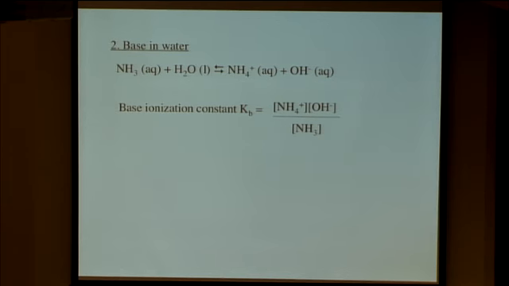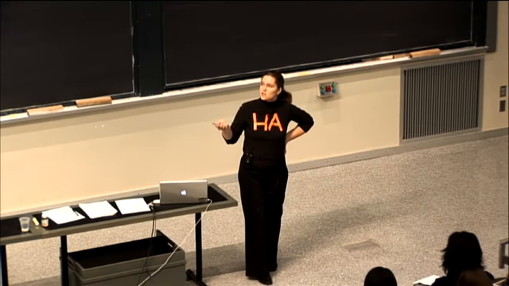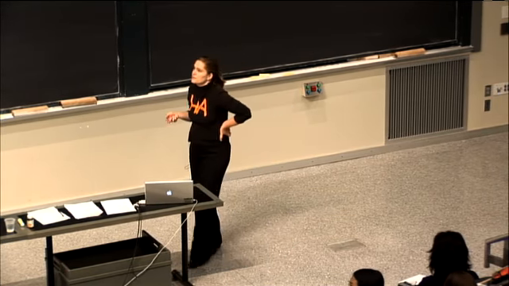So Kb is an equilibrium constant for this reaction of a base in water. And so it'll be equal to the products, NH4 plus and hydroxide ion, over the reactant, NH3. The water is the solvent here, and since this is all pretty dilute, it's mostly pure, and its concentration isn't going to change, so it's not included in that equilibrium constant.